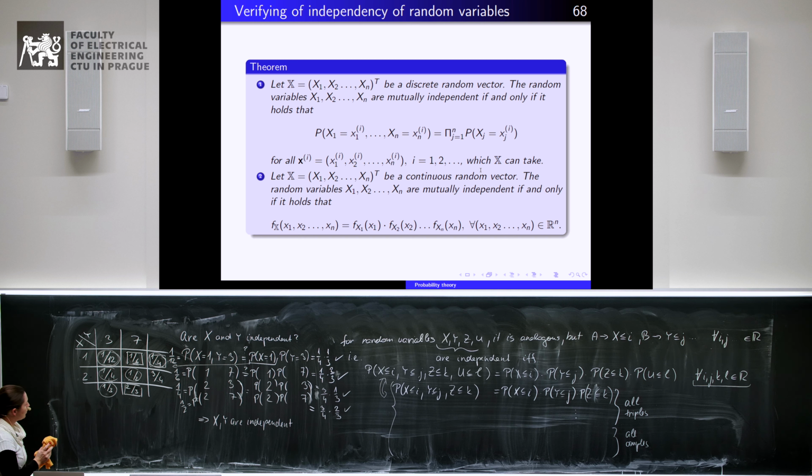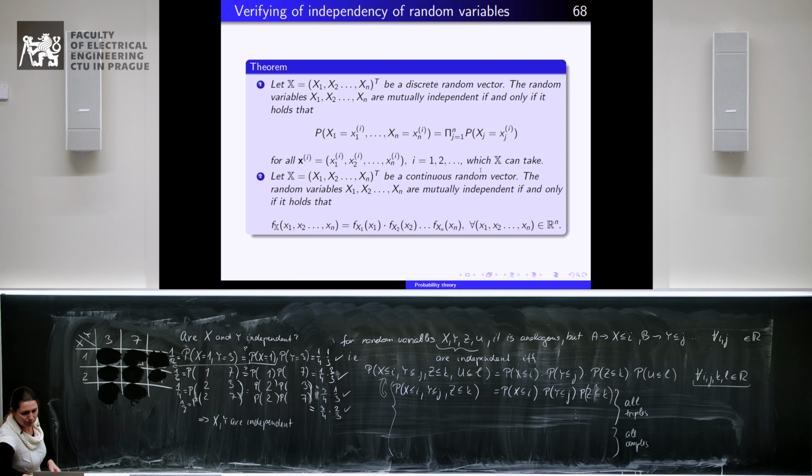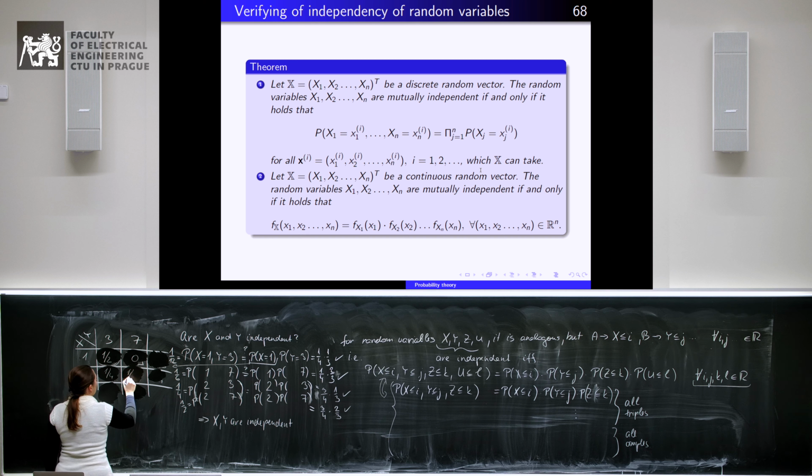Okay. And what about the situation that we have some other values in the table? One half, 0, 1/4, 1/4.